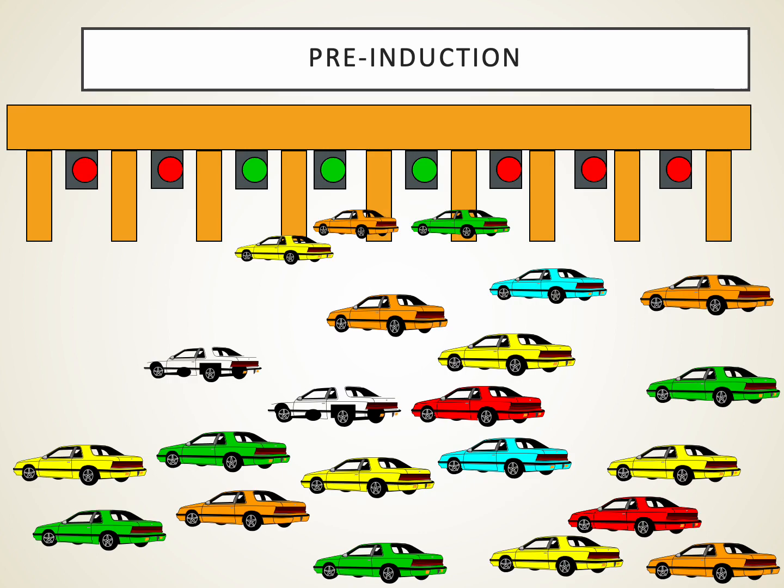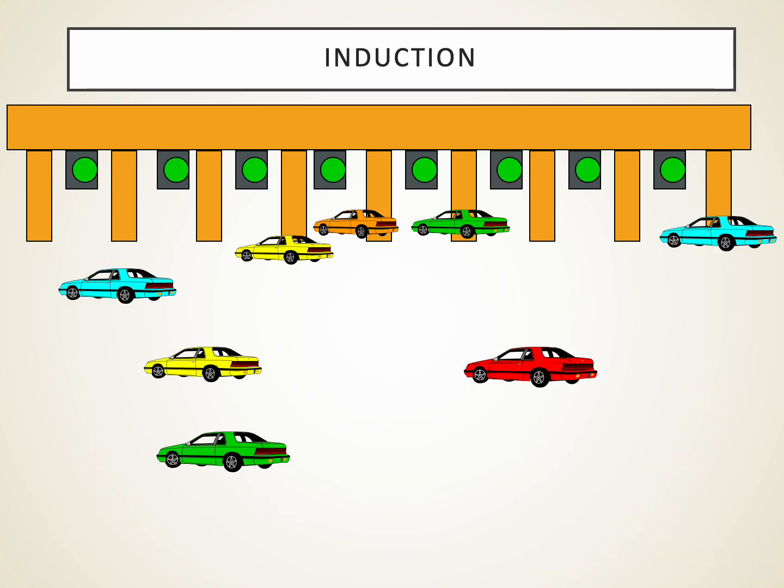So pre-induction levels may be adequate, but with induction, we have more enzymes to metabolize the drug, and levels may become subtherapeutic. So if you have an idea of this and a framework to think about it, then that gives you an idea of what can happen.